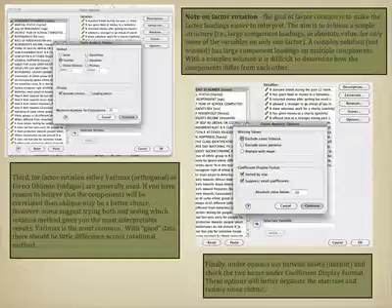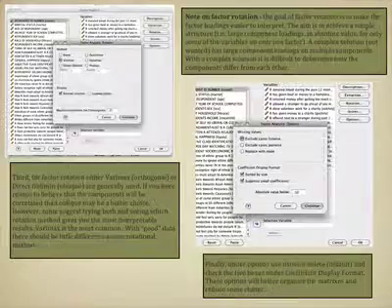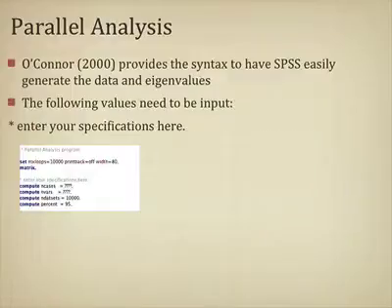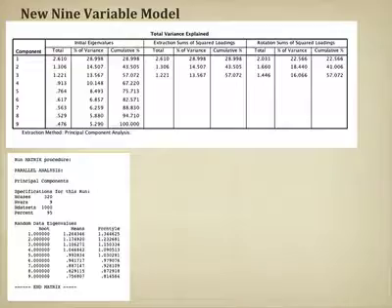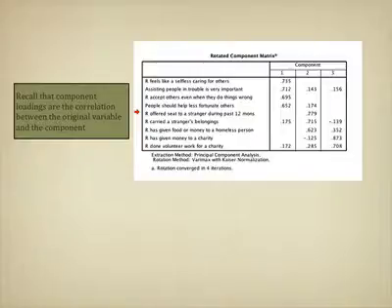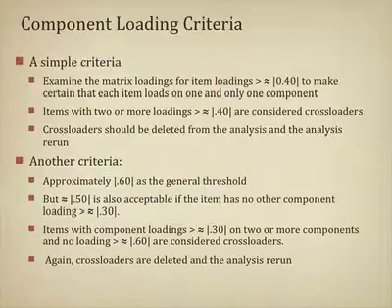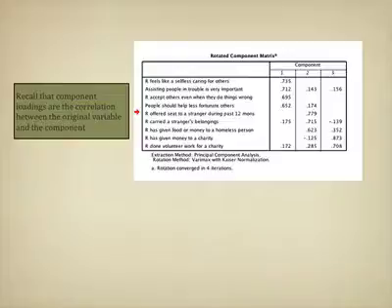You could set this at whatever value you wanted to, and you could print those if you wanted to, and it probably wouldn't matter all that much. So this question here loads pretty cleanly on greater than 0.4 on one component, and then nothing even close to 0.4 on the other two components, right?